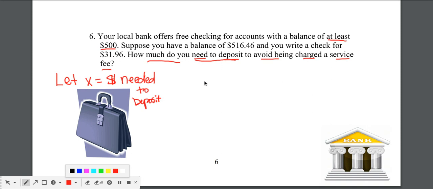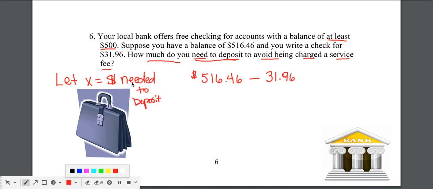So our current balance, let's write down our current balance, is $516.46. Okay, then what are we going to do? Let's just think about it as like, what are you going to do to your account? Adding, subtracting, we write a check, and a check would take away money, and it's going to subtract 31.96 from that.